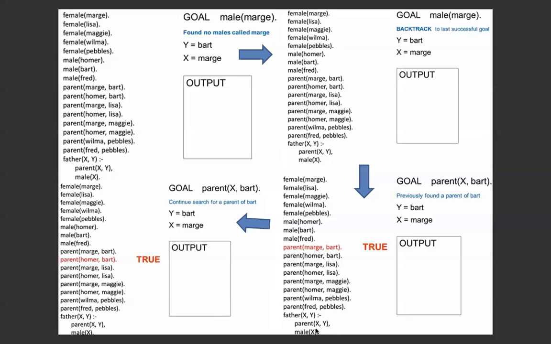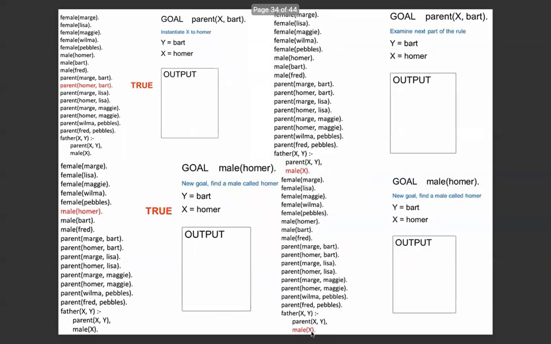So the second part of this rule is I want to establish, is there any fact that has male as Homer? Yes, there is. Let's try searching from the top. No male, no. Okay, we got a fact that says male here. Now, is Homer a male, a fact mentioned here? Yes, there is. So this time around, the second part of this rule is also true for X equal to Homer.